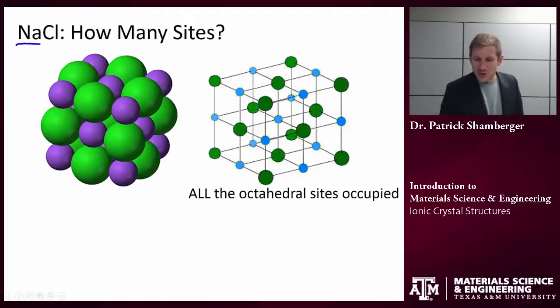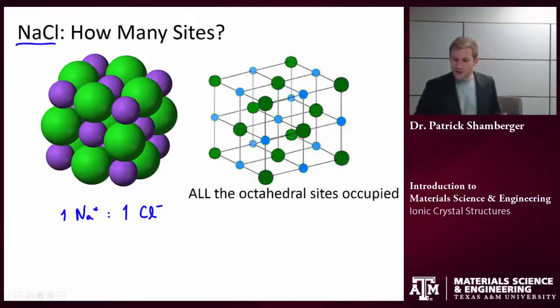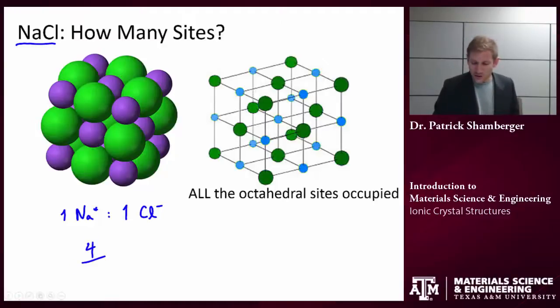And that comes down to the stoichiometry of the solid. So we know that we need 1 sodium for each 1 chlorine that we have, right? So let's look at the FCC lattice again. In 1 unit cell, we have 4 atoms of chlorine.